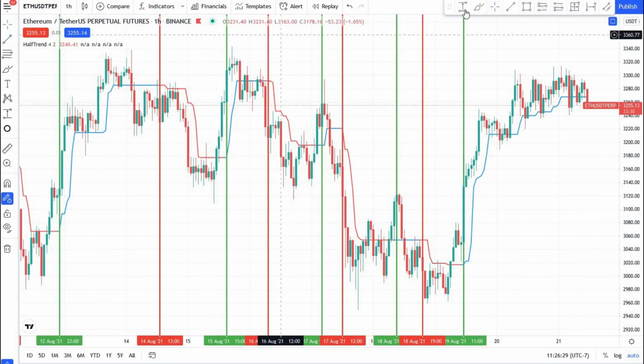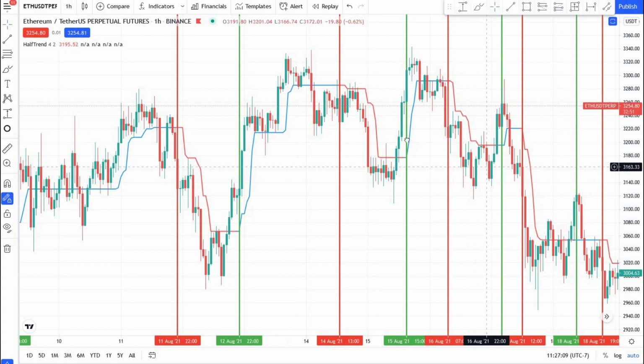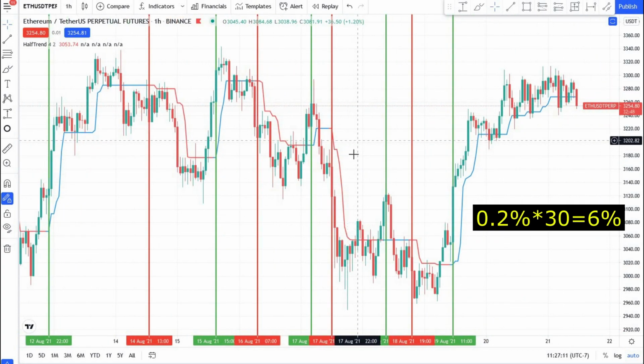As I mentioned, our profit level depends on the cryptocurrency you're trading or the Forex market, and you can always change your profit level. But in futures markets, since I'm using a leverage of 30, for Ethereum I'm gonna have 0.2%, so I'm gonna have like 6% profit in each trade.